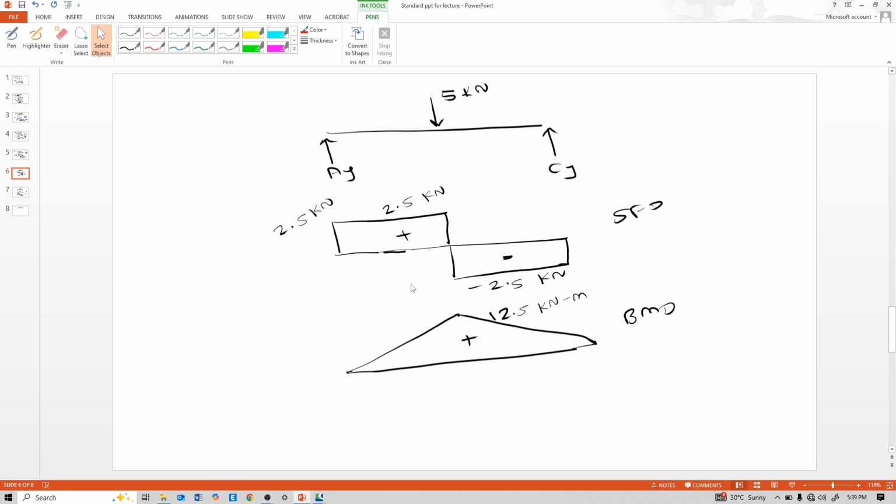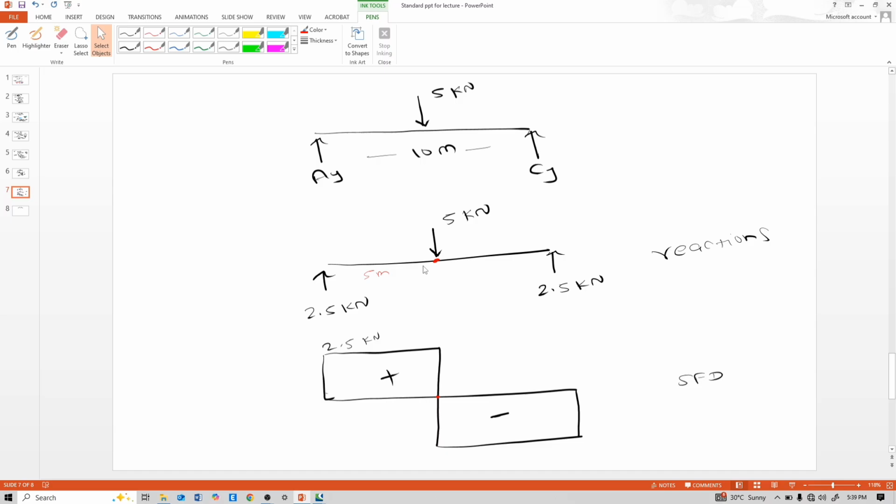See, consider from here clockwise, or from here also anti-clockwise. In anti-clockwise we need to consider the sign appropriately.